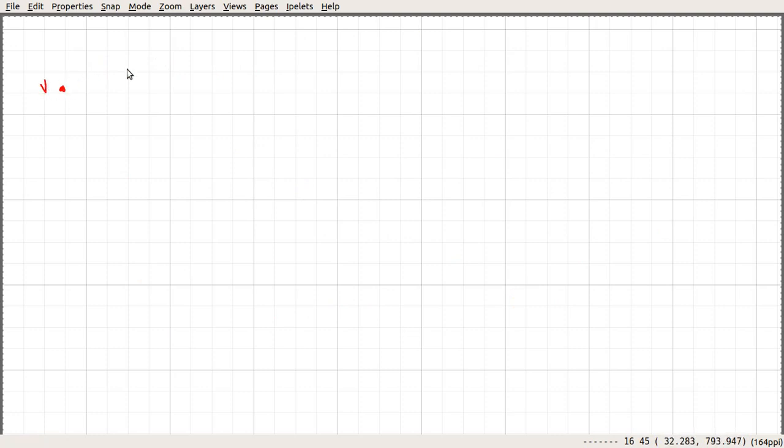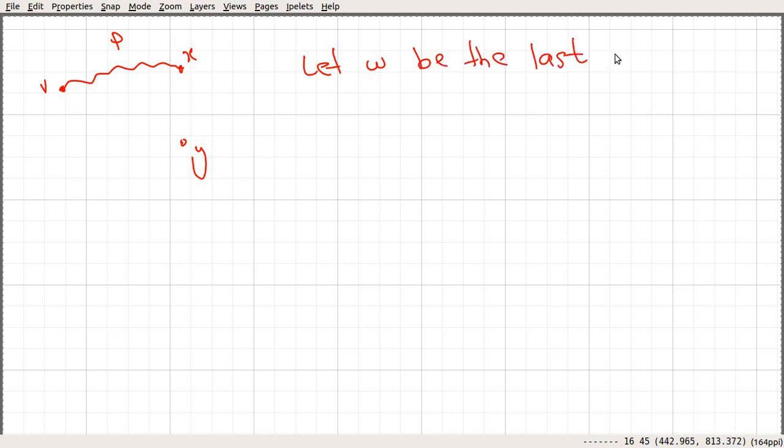We have this vertex V, and x is somewhere here and y is somewhere here, and we have this path P and our path Q. And here we let W be the last common vertex of P and Q.